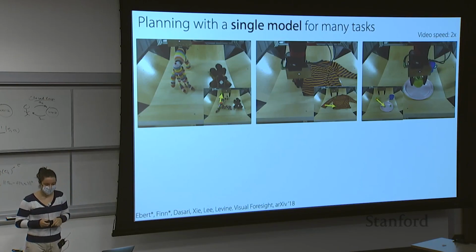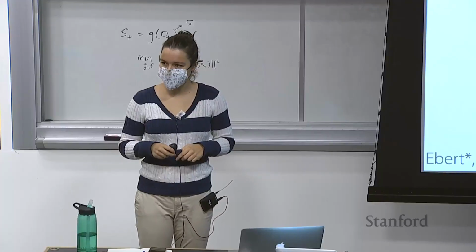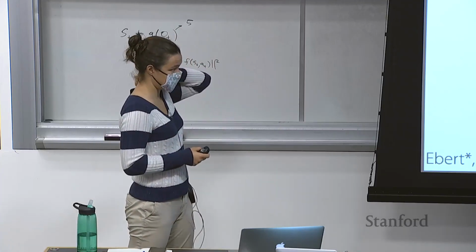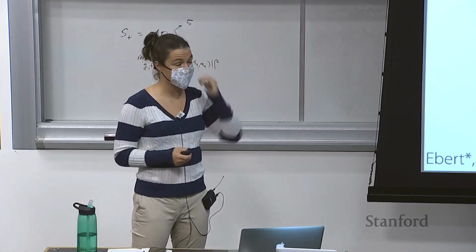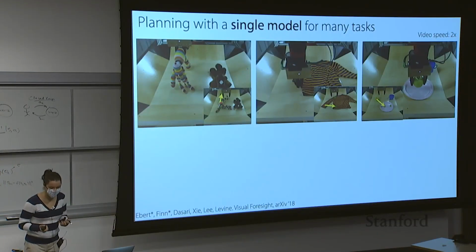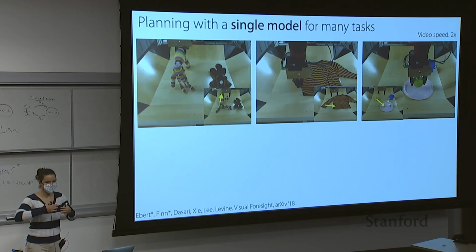Yeah? The question is, is there a reason why the robot is moving in discrete steps? There are a few different ways to do robot control. One is in a very synchronous fashion, where you move, then you pick an action, and then you move again, and then you pick an action. You could also do it asynchronously.